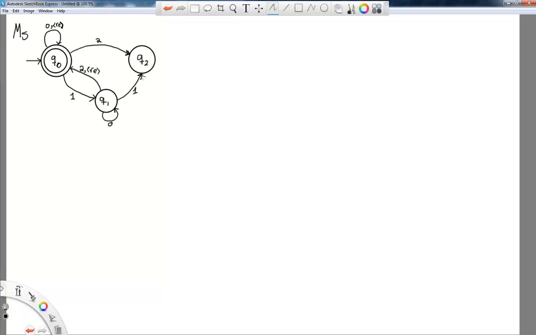And if we are in Q sub 2, if we see 1 or reset, we go back to Q sub 0. And if we are in Q sub 2 and we see a 2, then we go back to Q sub 1.